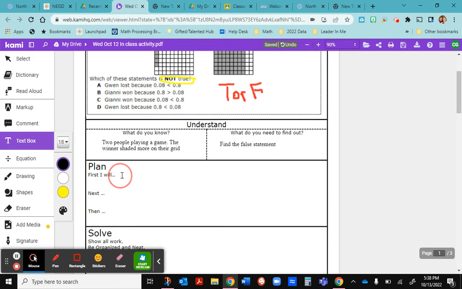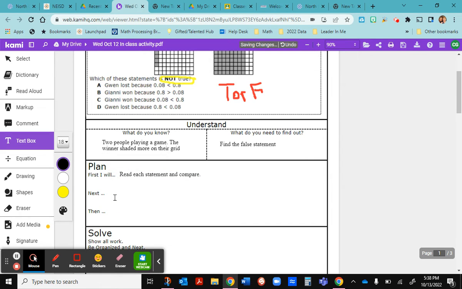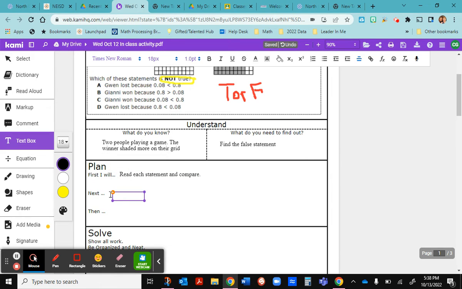The first thing I need to do is read each statement and compare. Next, I need to determine. So if you don't use the word determine in your vocabulary, you need to decide, right?